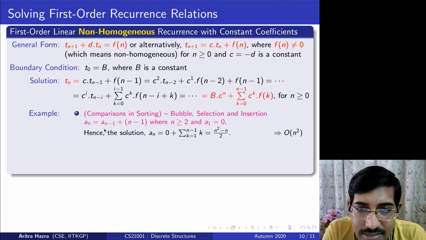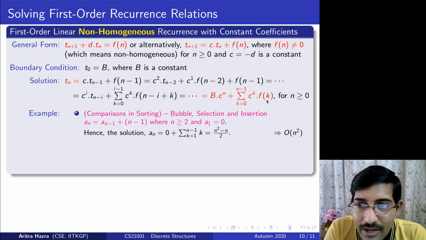So the worst case you take is this much. See, here the non-homogeneity comes. So the number of comparisons you make in insertion sort in the worst case, and the solution becomes, you apply this formula when your a1 is 0. It is 0 plus sum over k equal to 1 to n minus 1. Your c is 1 and your fk is just n minus 1, this one.